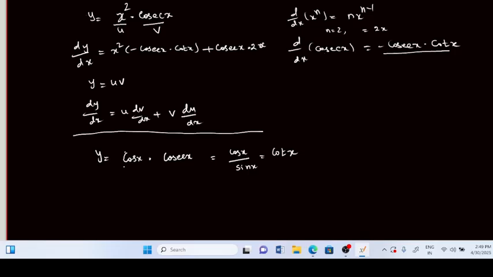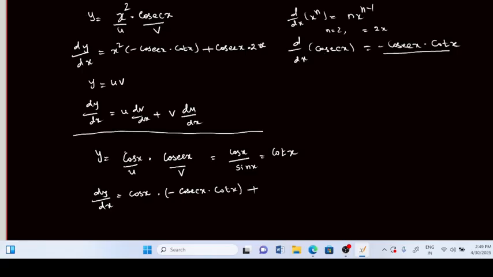So here, remember, this is u, this is v. dy by dx, I am differentiating this one. First term, we write it as it is, cos x. Cosecant x differentiation is minus cosecant x into cot x.